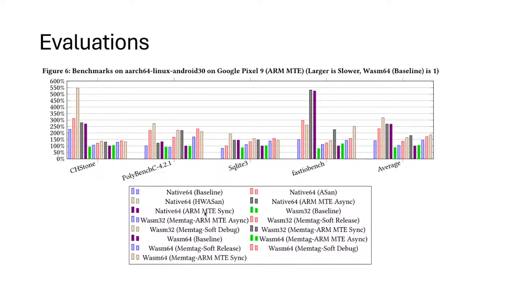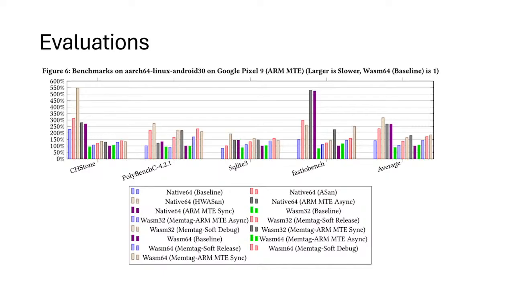We also have something like HWASan. It's also very, very slow compared to ARM MTE. It's even slower than ASan, the native one, right? So from the WebAssembly perspective, you can see that with ARM MTE, it's actually pretty fast. If it's software, it's going to be slower, like 80% overhead, I think.